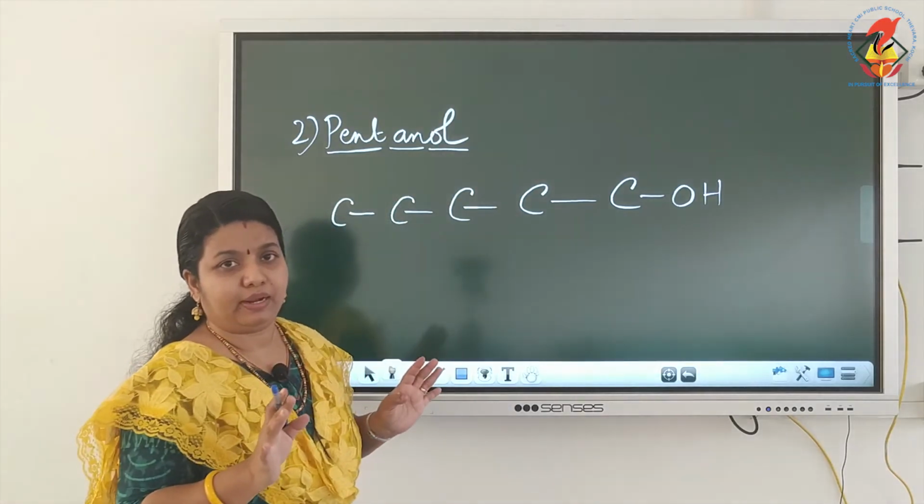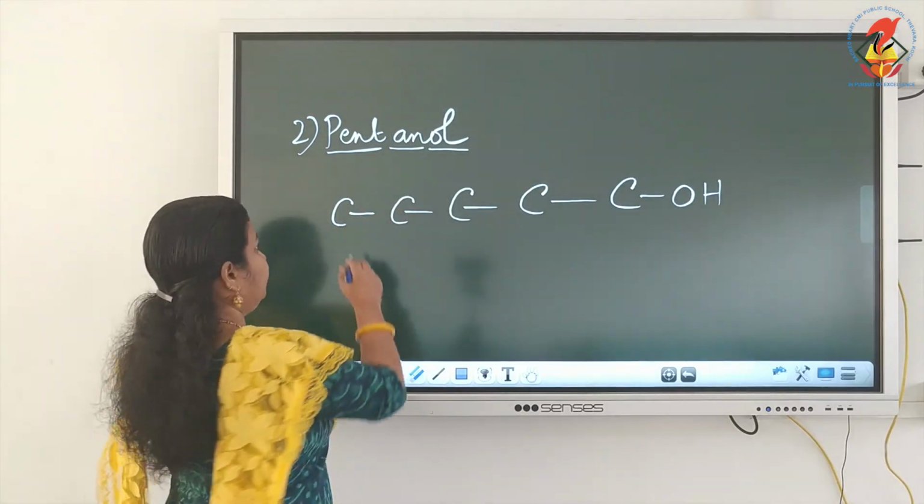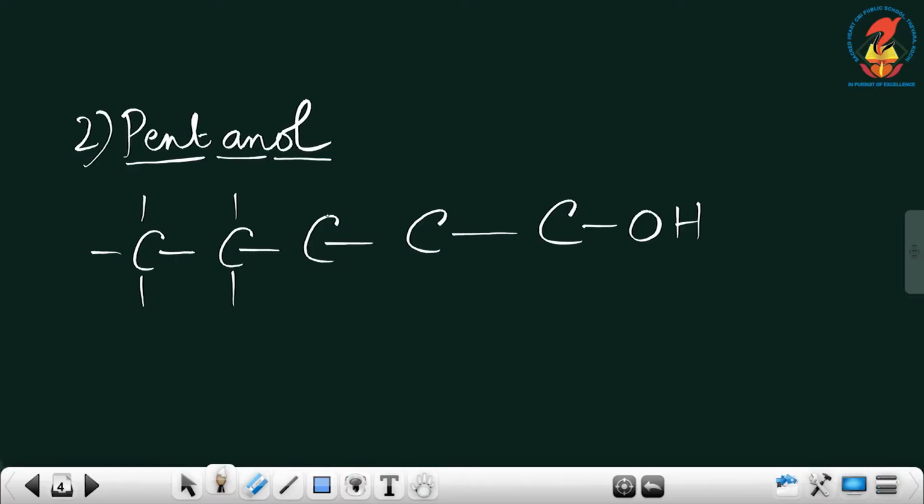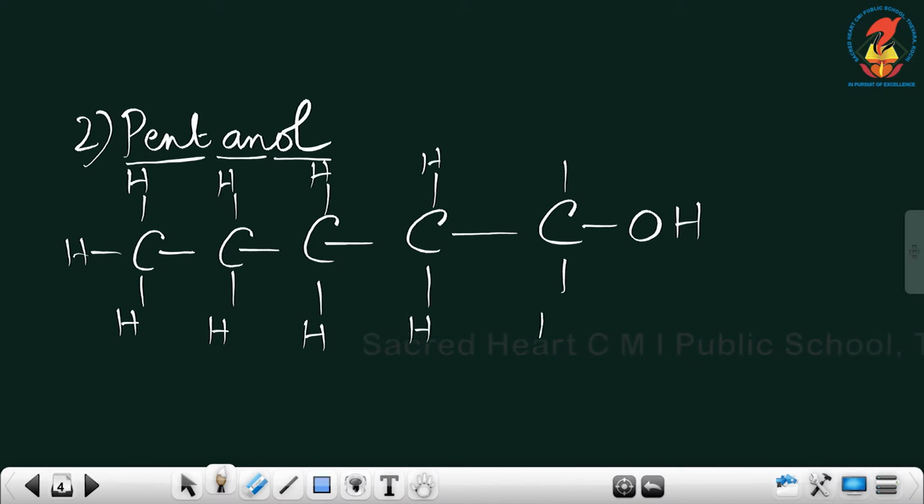So everything is marked. Now what is left? Remaining valencies of carbon should be marked and filled in with hydrogens. Now we will condense it and write.